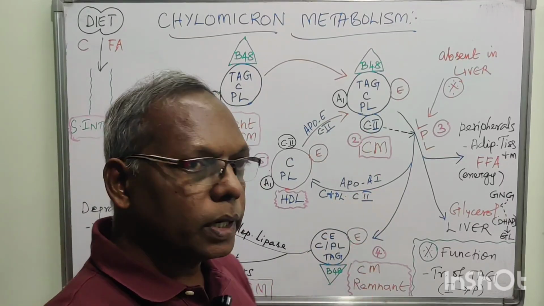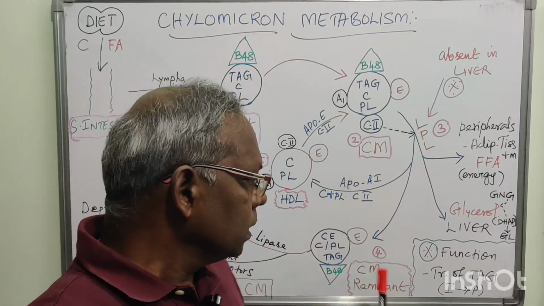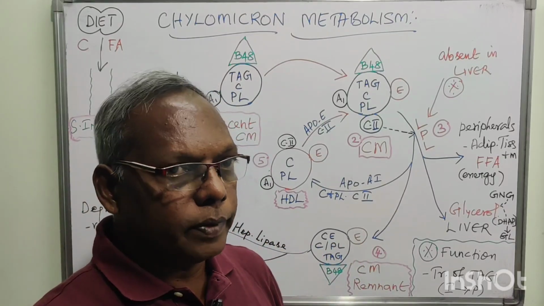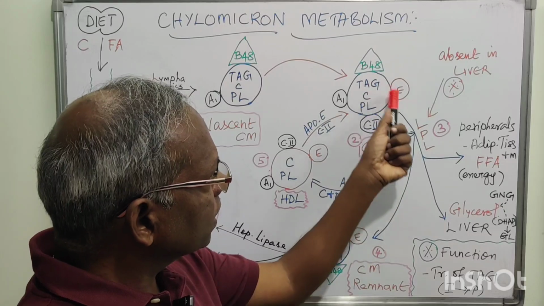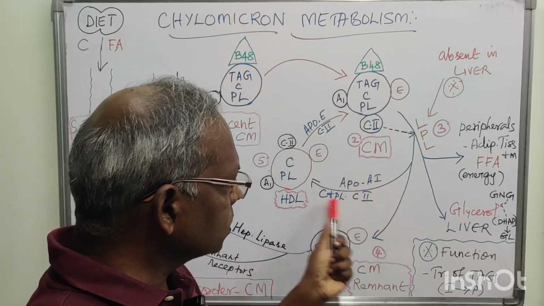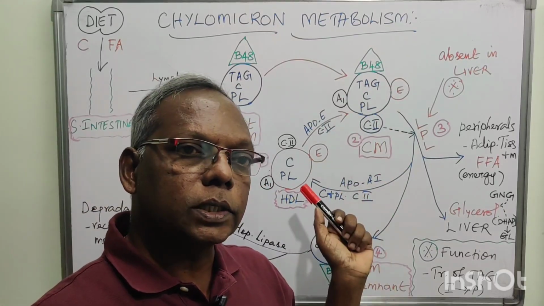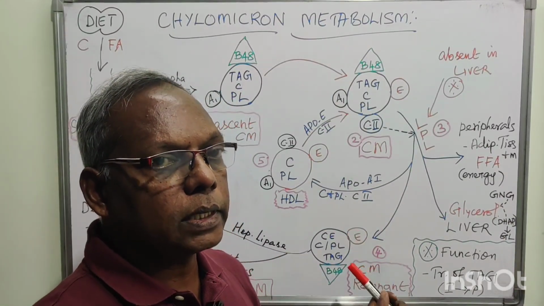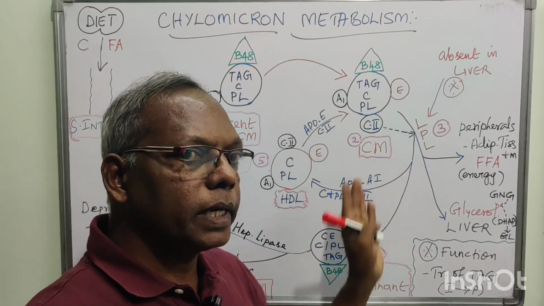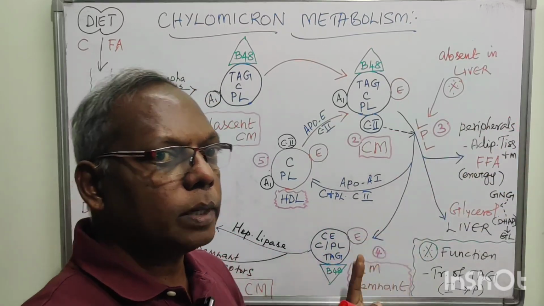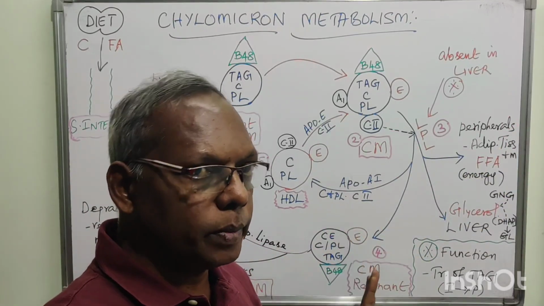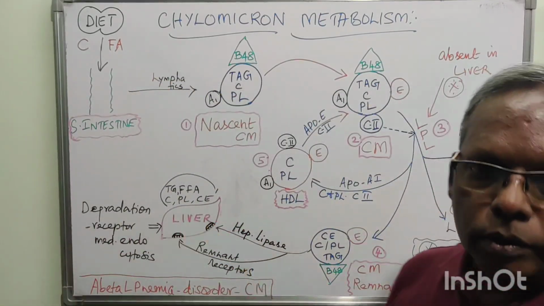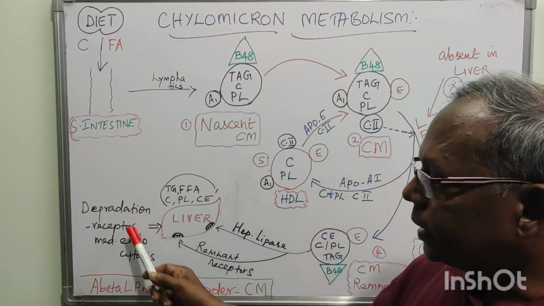Here the apolipoproteins are only B48 and E. This E is very important for receptor attachment in the liver. Before that, ApoA1, C2 and cholesterol from the chylomicron go back into HDL for recycling. That is why cholesterol content is low, and almost 90% of TAG is released to the peripherals with only 10% remaining in the chylomicron remnant. The chylomicron remnant then enters the liver for degradation.